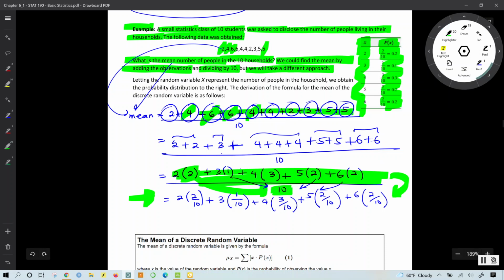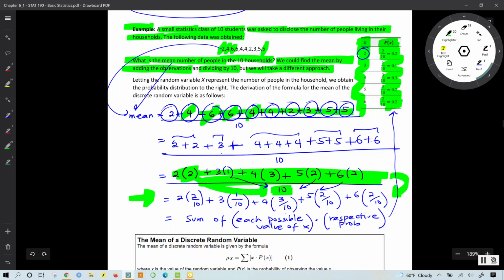So, as it stands, what you observe is that this is the sum of each possible value of x multiplied by their respective probabilities. And we can see that in this table.